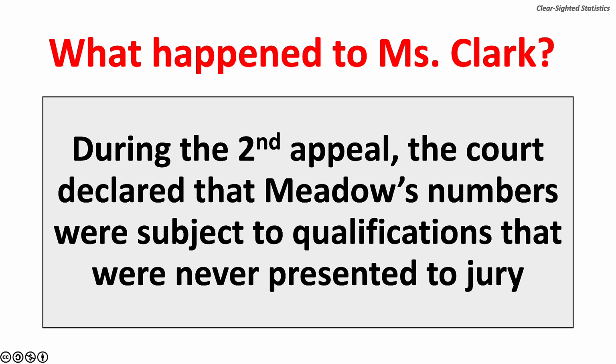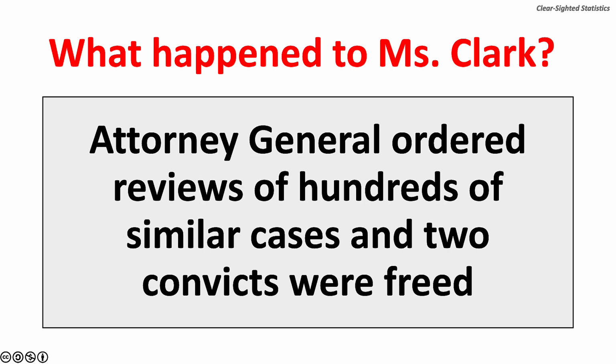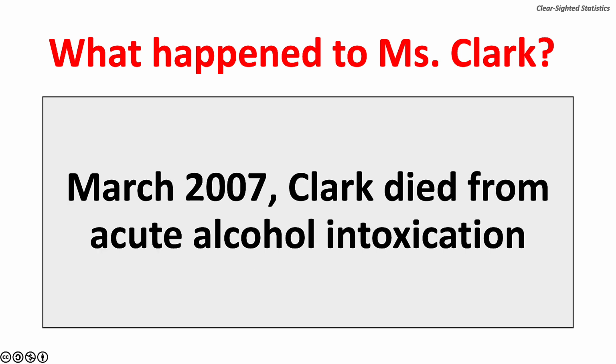During the second appeal, the court declared that Meadow's numbers were subject to qualifications that were never presented to the jury. In January 2003, Clark's conviction was overturned and she was freed from prison. The Attorney General ordered reviews of hundreds of similar cases, and 2 convicts were freed. In March 2007, Clark died from acute alcohol intoxication.